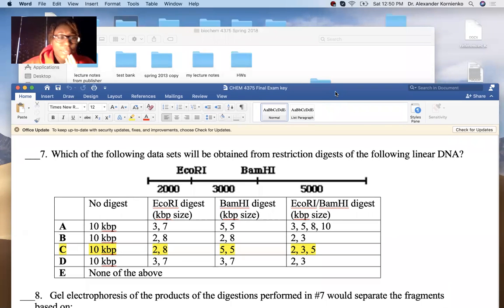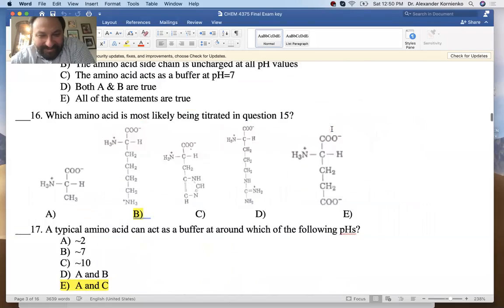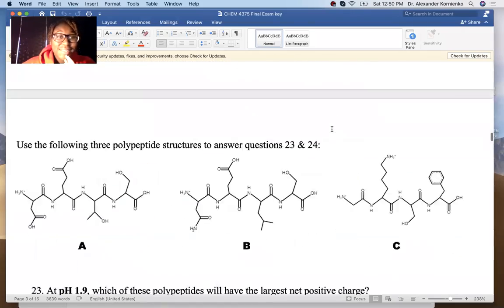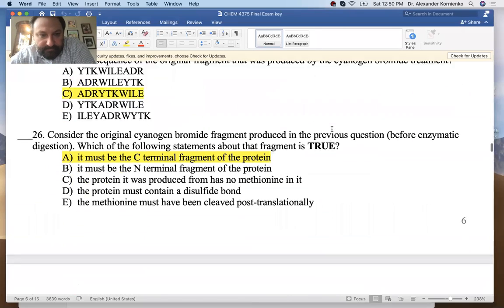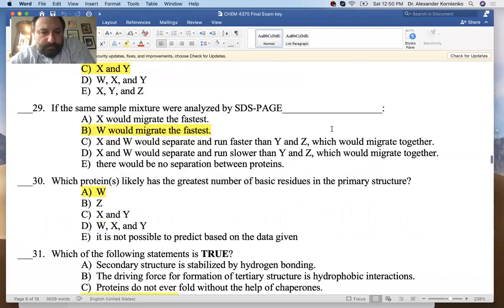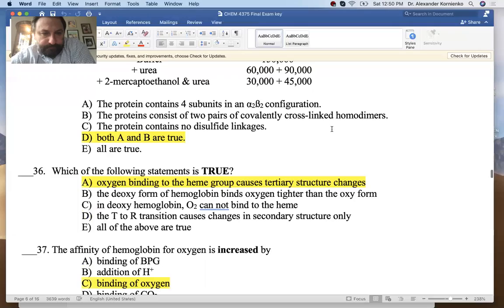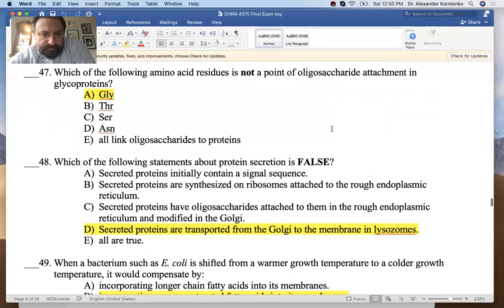It was on the exam. Well, this is a different exam actually. Oh, okay. Yeah, that's not your exam. Yeah, I don't think this is the right exam.